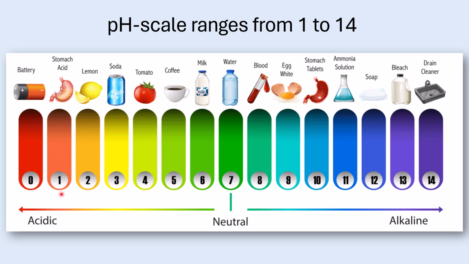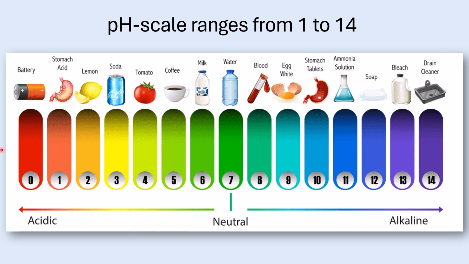And then as it gets less acidic, it moves more towards the neutral pH of 7. And then if you go beyond 7, greater than 7, then the substances become more basic or more alkaline, up to the most alkaline substance, which will have a pH of 14.